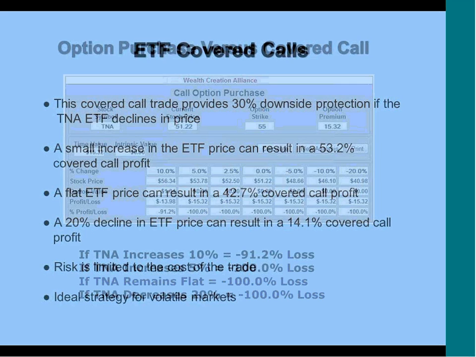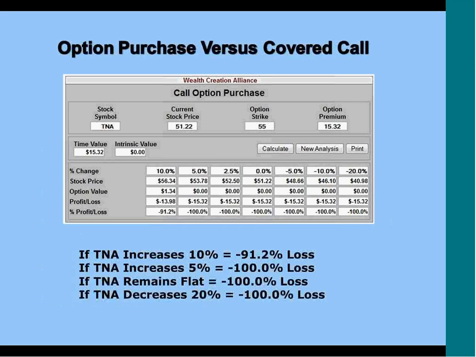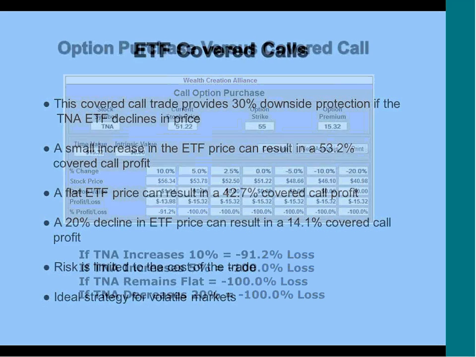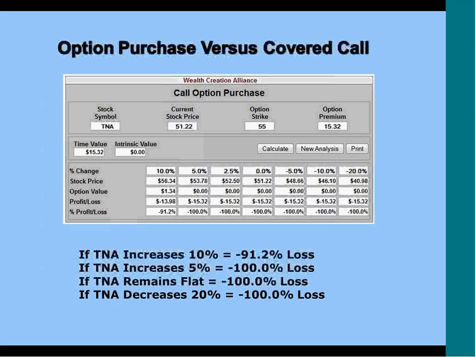Now let's compare these results for the covered call trade to a call purchase trade. So let's assume on the same day that I did that covered call trade, instead of doing a covered call, I purchased this 55 strike call at 15.32 points. So what I'm doing here is comparing the return for an option purchase versus a covered call.